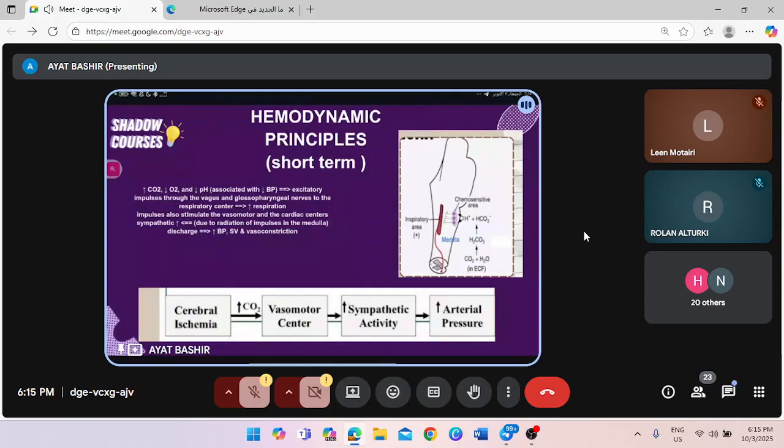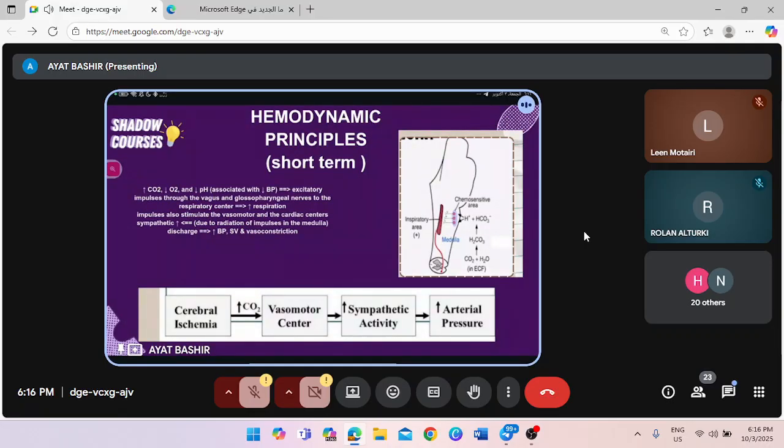When the pH decreases, this will stimulate excitatory impulses through the vagus nerve and the glossopharyngeal nerve. This will increase respiration, and also cause vasoconstriction, so we will have an increase in blood pressure. Okay, get it?